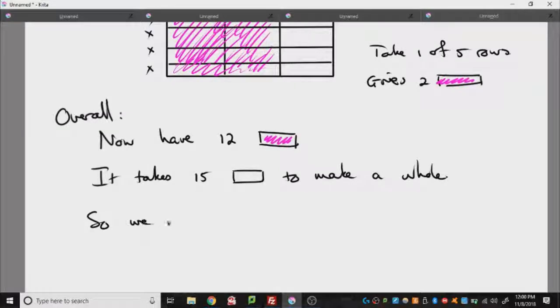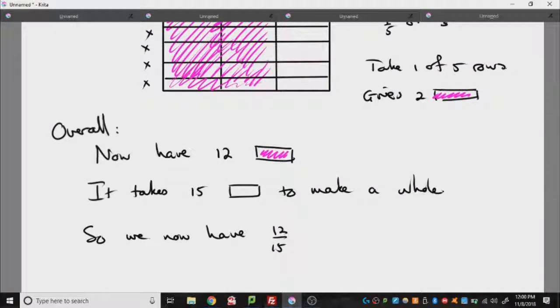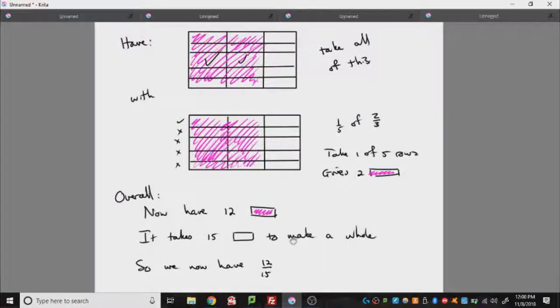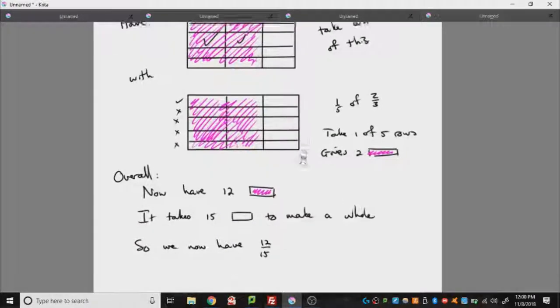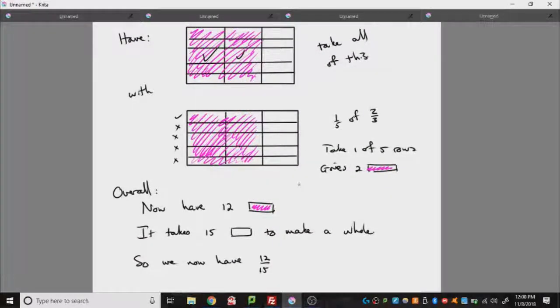So we now have 12/15 of my loaf of bread, or whatever the unit is. I started with 2/3, which was 10/15, and I now have a little more.